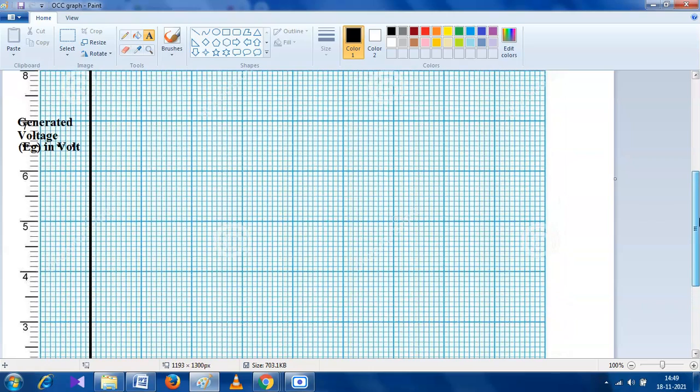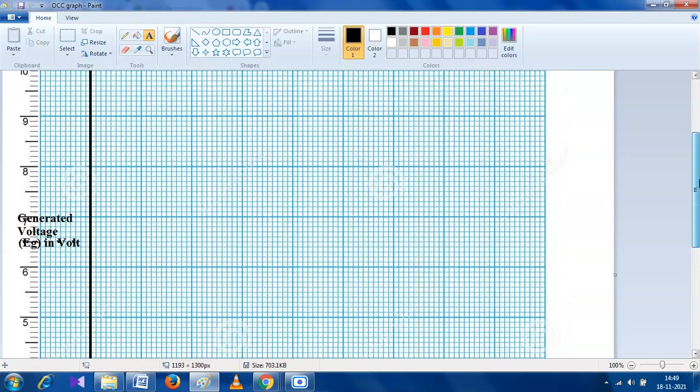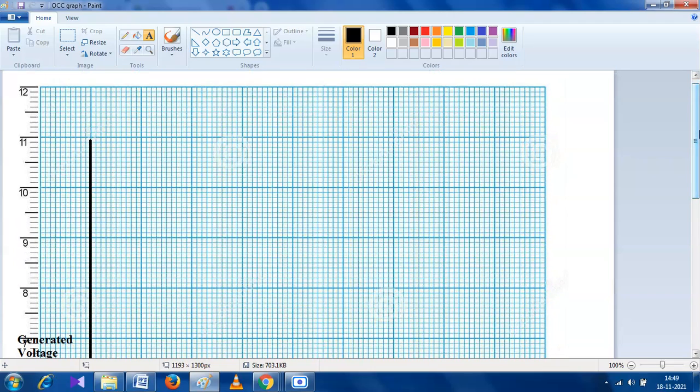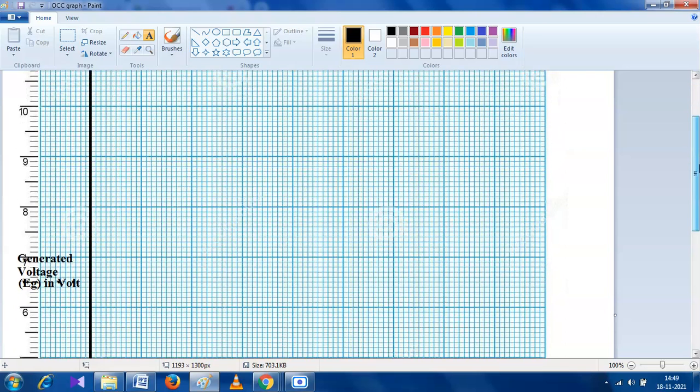And what is the maximum value of generated voltage in our reading table? 144. Yes, 144.